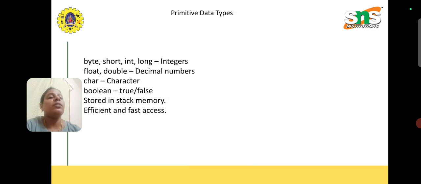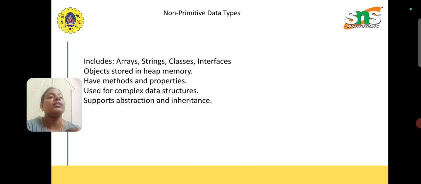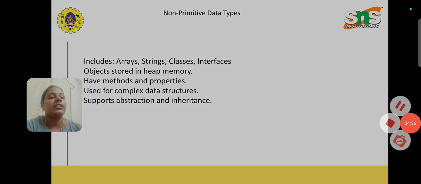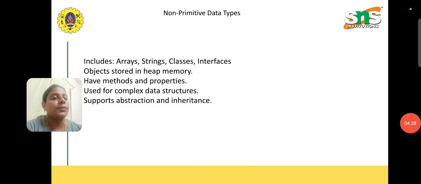They are defined by the methods and properties used in the program, and are used for complex data structures and support abstraction and inheritance. We already saw what abstraction is: defining the essential things to avoid complexity. Inheritance makes a hierarchy, with a superclass and a subclass.